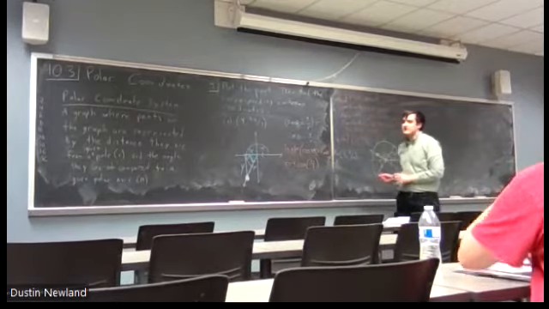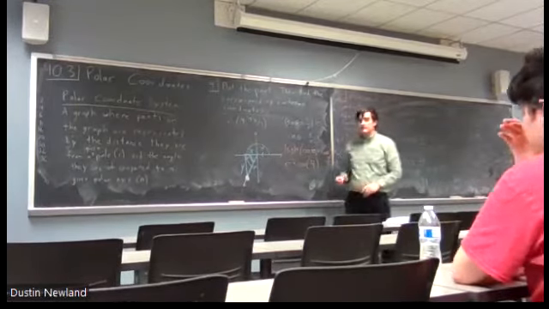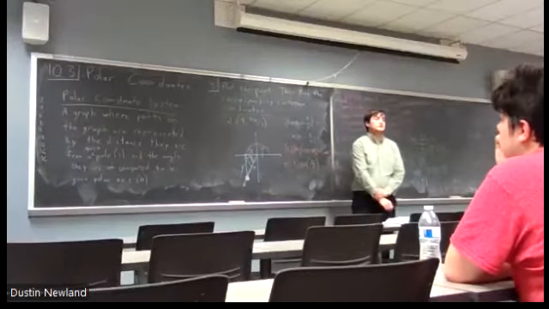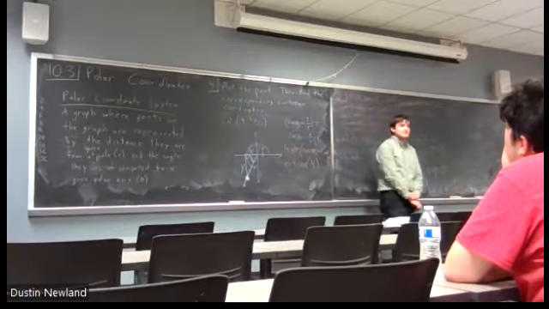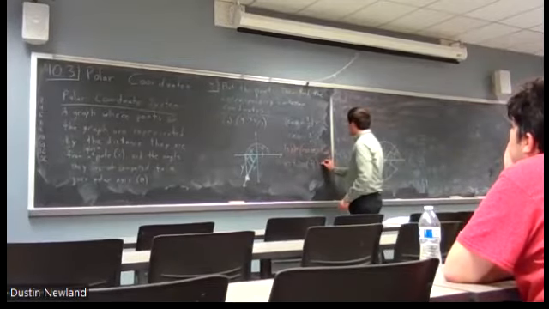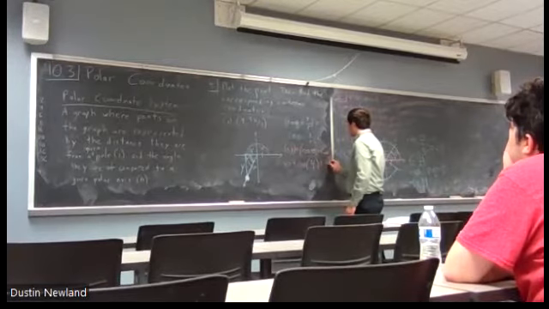Not root 3 over 2. What's the other one? 1/2. So it's 1/2. And then what quadrant are we in? We're in the third quadrant. Is cosine positive or negative in the third quadrant? It's negative. So we're going to have 4 times negative 1/2, which is what?